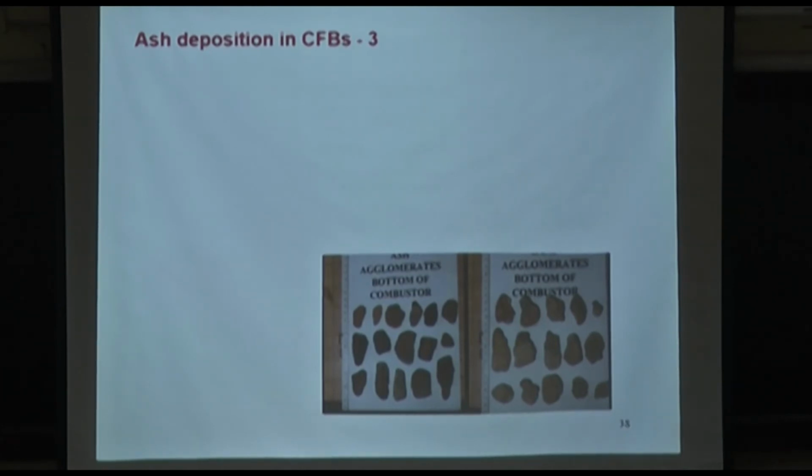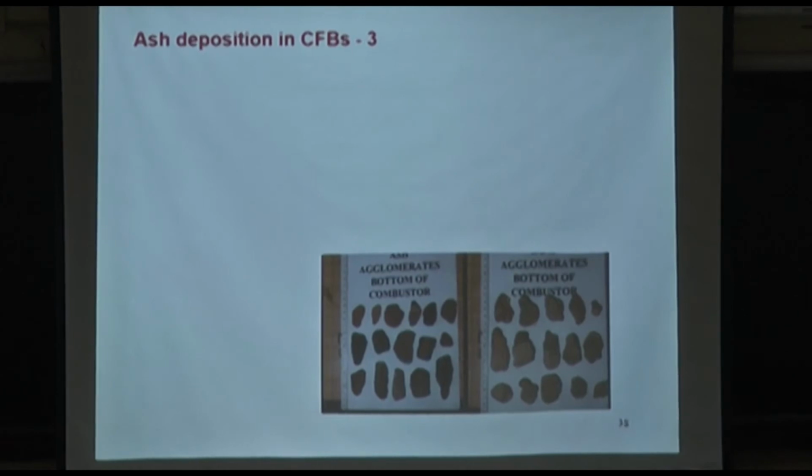At the bottom of the combustor, even though our bed material was about 350, 400 micron size, this is the sort of agglomerates that we were forming when the tests failed at the 28, 30 hour mark. Every time it would fail at exactly the same time. So there must be a proper reason for it. It's not random. So we went out to investigate what the reason was.